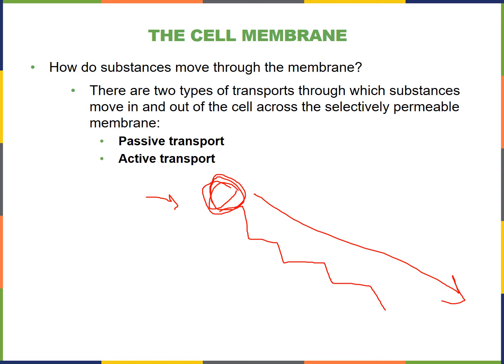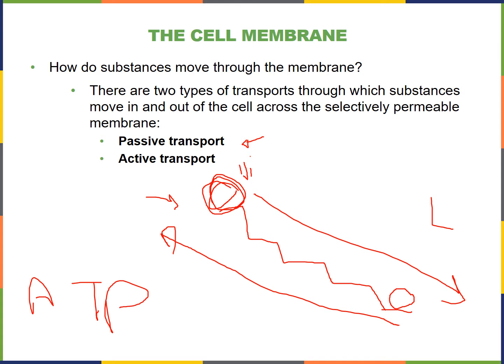This is exactly what happens in passive transport. It's easy. You go from high concentration to low concentration. But in the opposite situation, when you have to kick the ball high from the first step to the sixth step, for example, you need energy. This is what we call active transport, and ATP is involved.